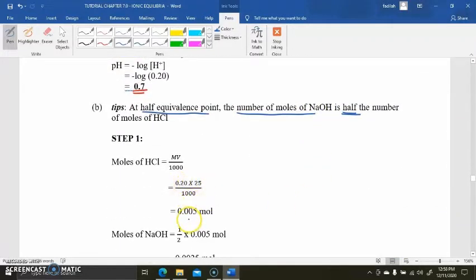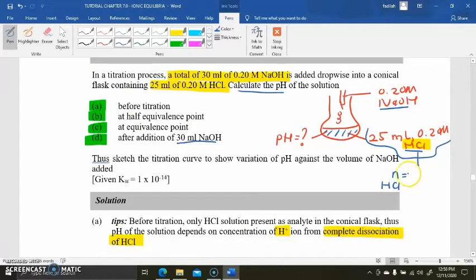Kita dapat number of mole of HCl adalah 0.005 mole. Class, you have to know that the number of mole of HCl inside the conical flask akan sentiasa maintain, sebab dia tak pergi mana-mana.